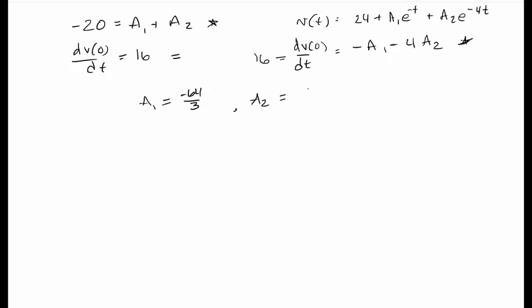A2 equals 4 thirds, and we get the final, complete solution, which equals the steady state plus the transient, which you can plot. So that's the complete solution that describes the voltage across the capacitor as a function of time.